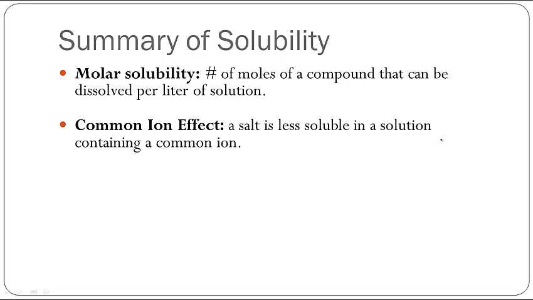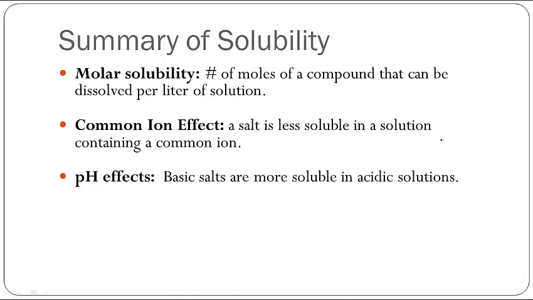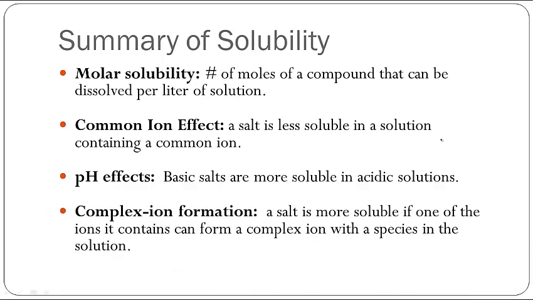NaCl already has the Cl minus ion dissolved, so AgCl is less soluble if there's already chloride ions there. pH effects. Basic salts are more soluble in acidic solutions, except for the one we just saw. And complex ion formation. A salt is more soluble if one of its ions can form a complex ion.